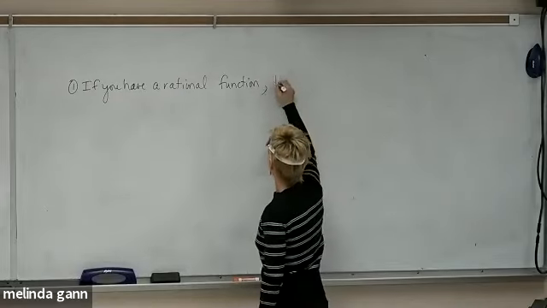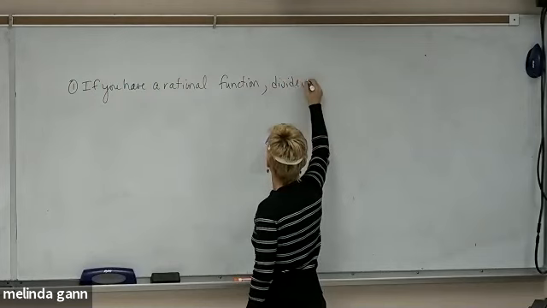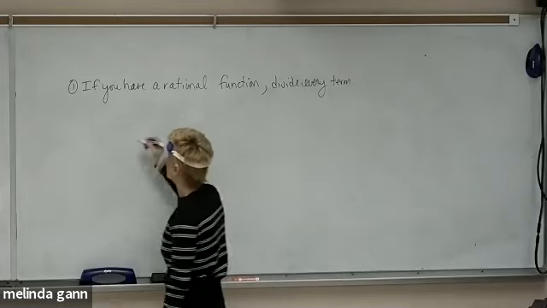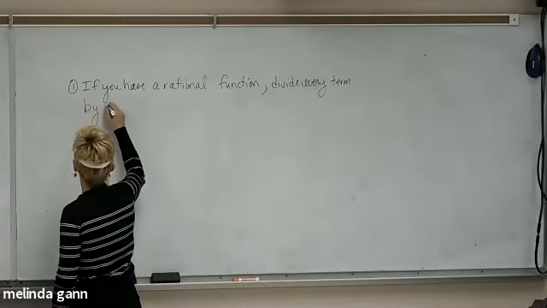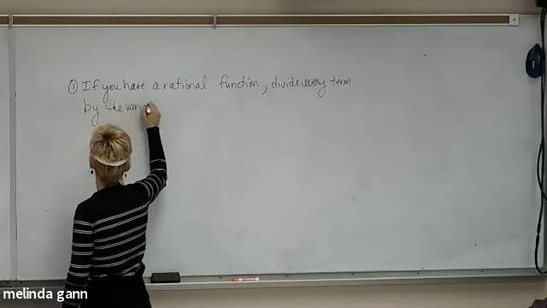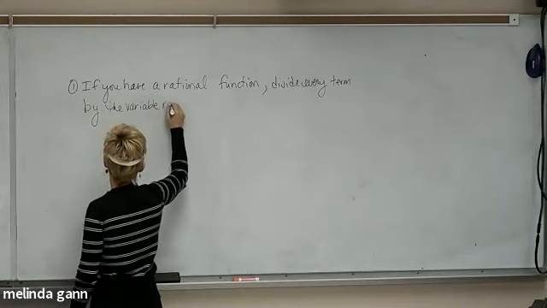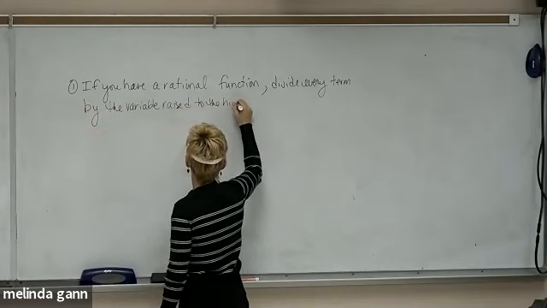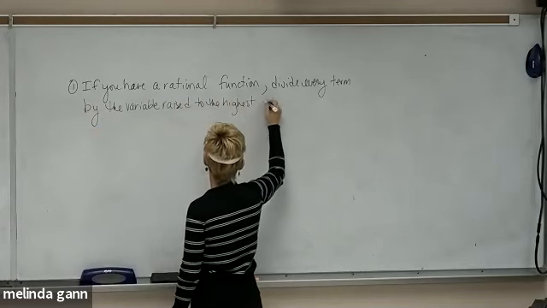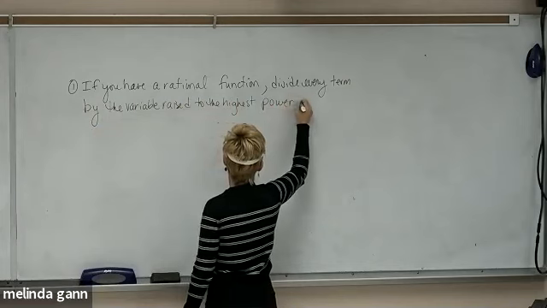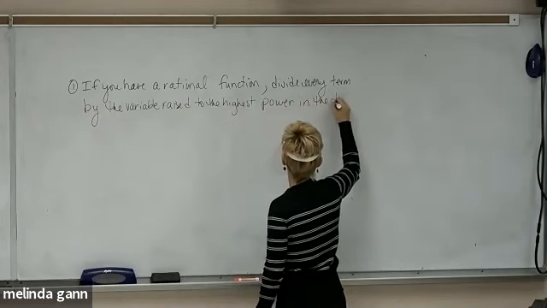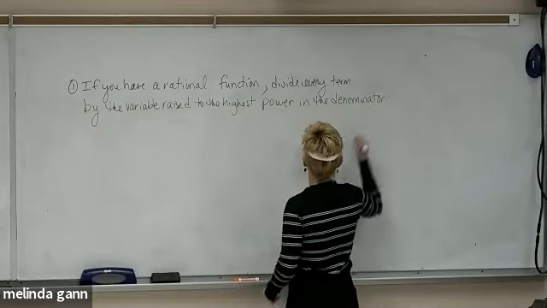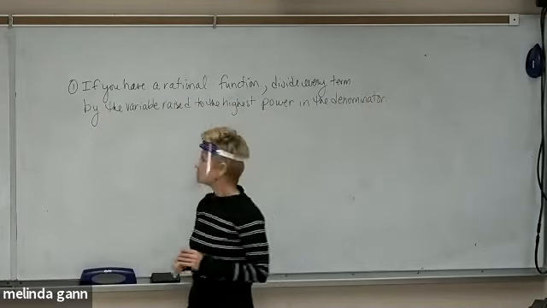The trick or the technique is to divide every term by the variable raised to the highest power in the denominator. That's going to help you take that limit. You write that down and I'll show you what I mean.